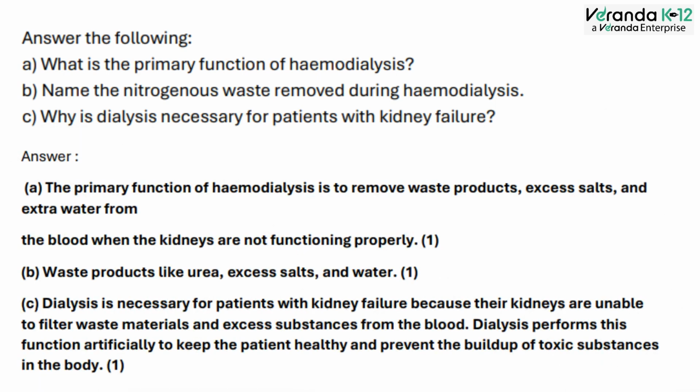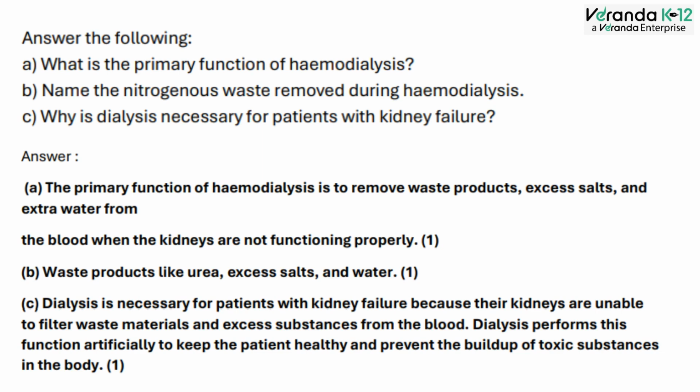So here, the primary function of hemodialysis is to remove waste products, excess salt, and extra water from the blood when the kidneys are not functioning properly. B. Name the nitrogenous waste removed during hemodialysis. The answer is waste products like urea, excess salt, and water are removed during the hemodialysis process.